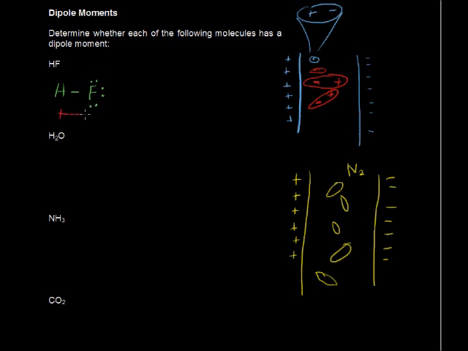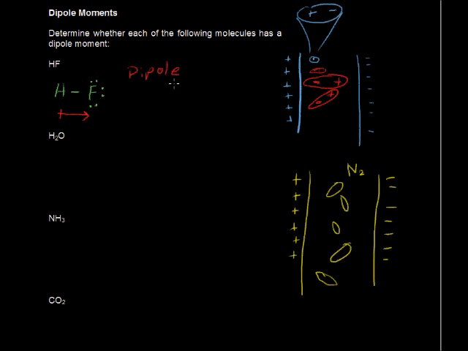And it looks like this. The arrow points toward the atom that is more electronegative. So this is what you see, and so absolutely this does have a dipole moment.